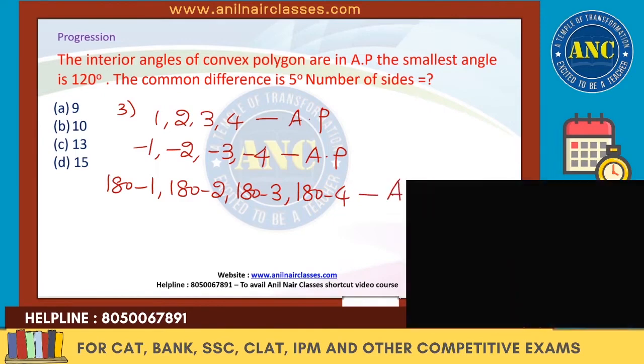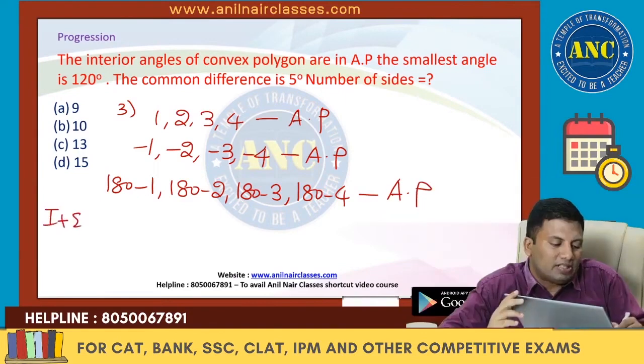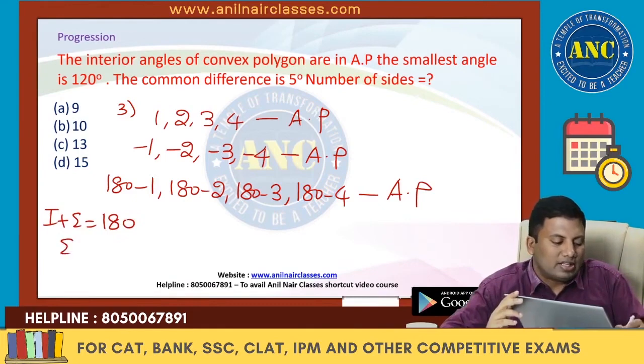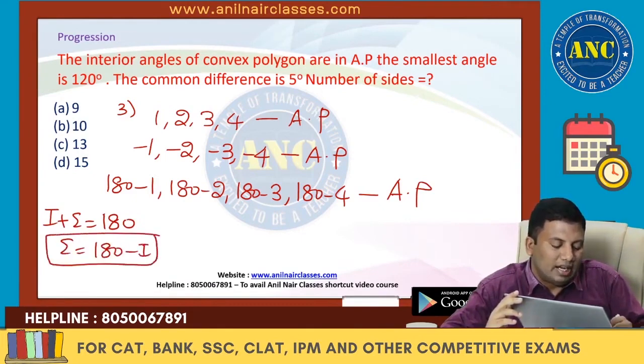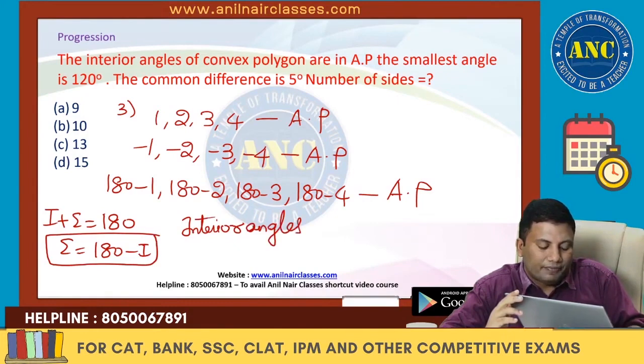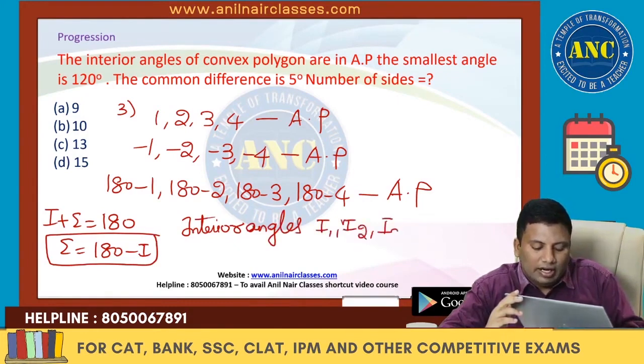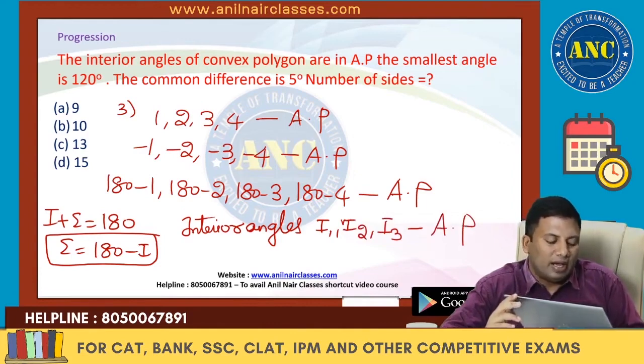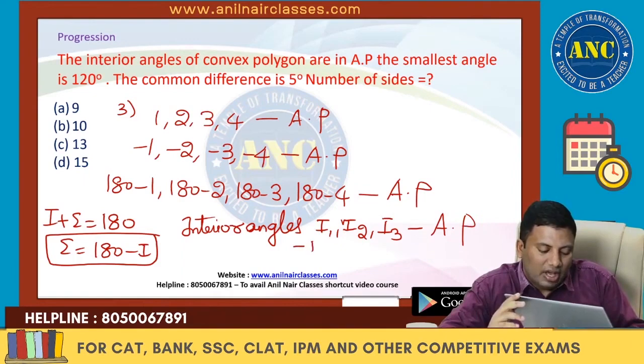I hope it is clear. Now why am I doing this? Interior plus exterior, it is nothing but 180. So exterior is nothing but 180 minus interior. That means if the interior angles I1, I2, I3 are in AP, minus I1, minus I2, minus I3 are also in AP.